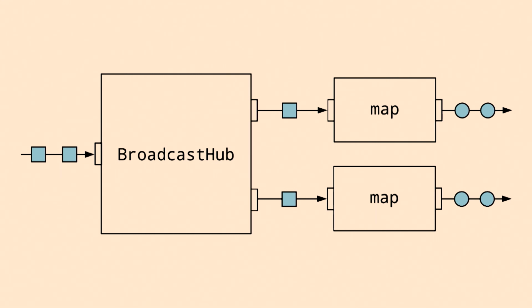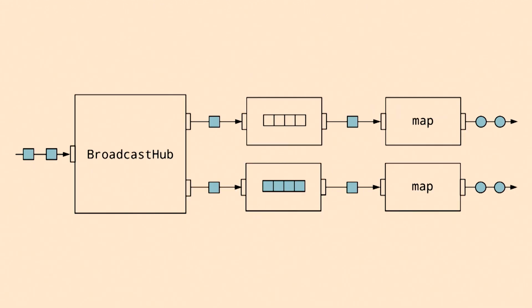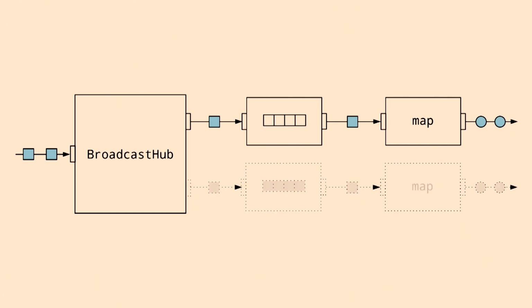So an important thing to do is to insert a buffer stage to decouple the downstreams from the broadcast hub. And if the buffer fills up for a downstream consumer, you could just start dropping those elements, perhaps. Or you can even fail that slow or idle downstream consumer so that you recover resources and that you don't impact any of the other streams.